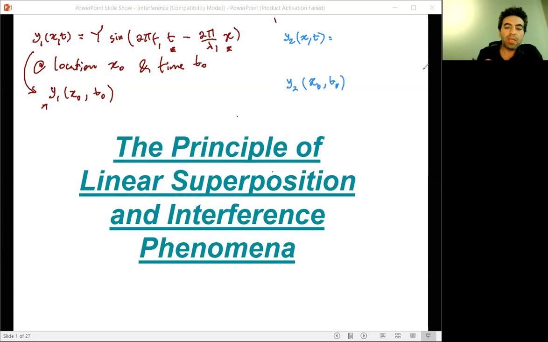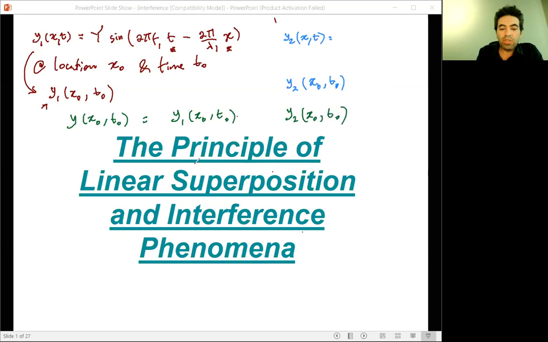So I'll write the overall disturbance at that location, at that particular point in time, in terms of the amplitude due to the first source and the amplitude due to the second source.